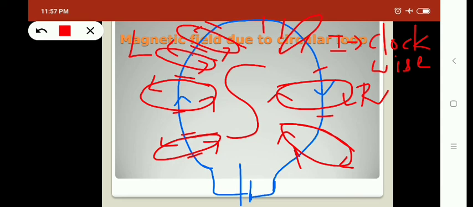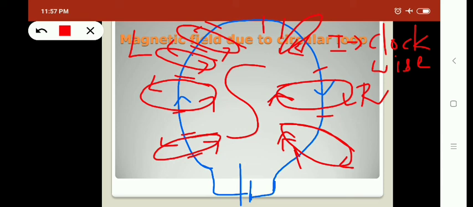Now let's focus on the right side of the circular coil. When we focus on the right side, here also we can see the same thing. See here the field lines are entering into the screen. On this region field lines are entering into the screen. On this region also field lines are entering into the screen. Right? So here also the magnetic field lines are merging to this point.